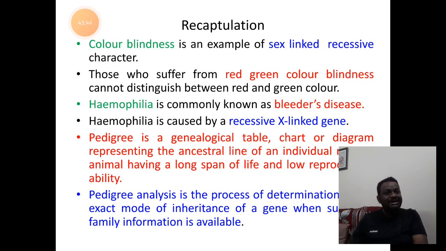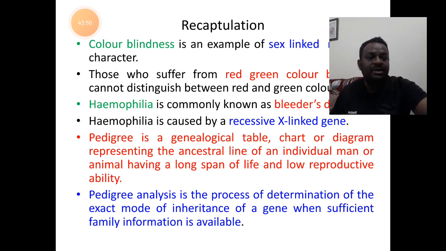What is a pedigree? It is a genealogical table, a chart, a diagram to represent the ancestral line of an individual or of a family in a given period of time. Pedigree analysis is a process of determining the exact mode or pattern of inheritance of a gene in the given family.